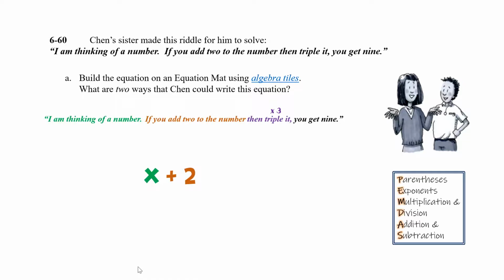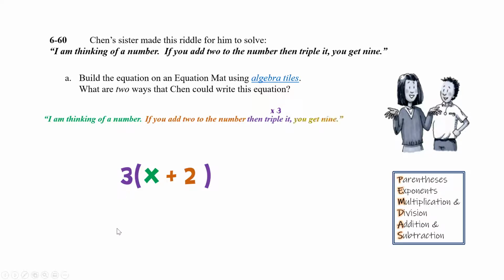If we look at our PEMDAS, multiplication happens before addition, but I want x plus 2 to happen before I triple it. So I'm going to add parentheses around my x plus 2 so that it happens first, and then I can triple it. Remember, a number next to a parentheses like that just means it's multiplied. So this is still the same as tripling it.